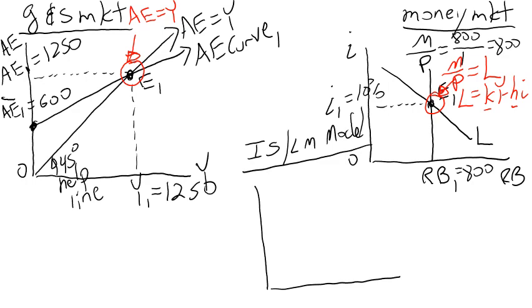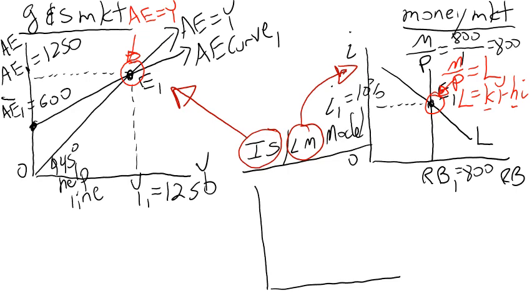Right, back to red. IS, the IS curve, that is a summary of the goods and services market, and LM, that's a summary of the money market.